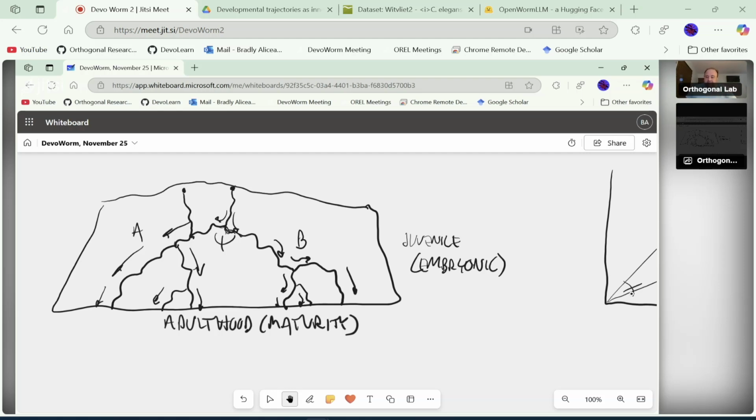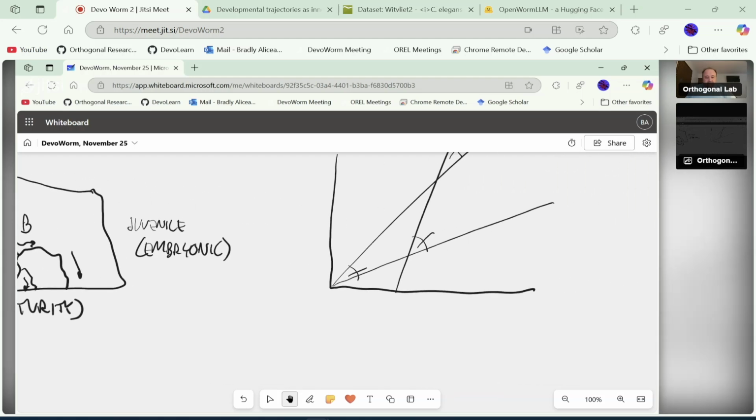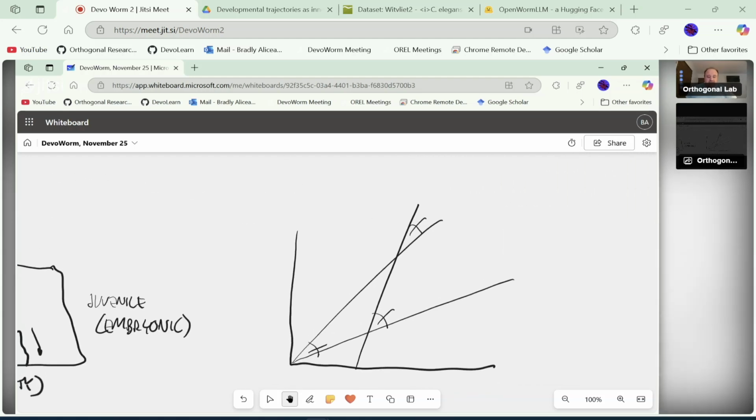So if we have a polyphenic organism, we might have something that goes down this route during normal environmental times and this route during stressful environmental times. And that gives us an inner product space here. So these are developmental trajectories. And then we have an inner product space.